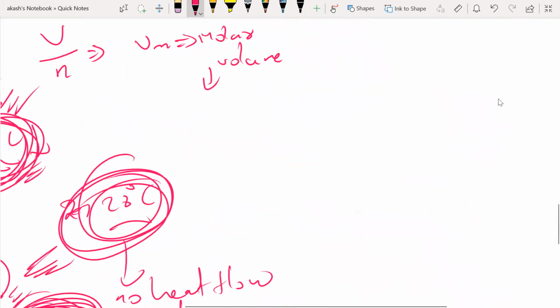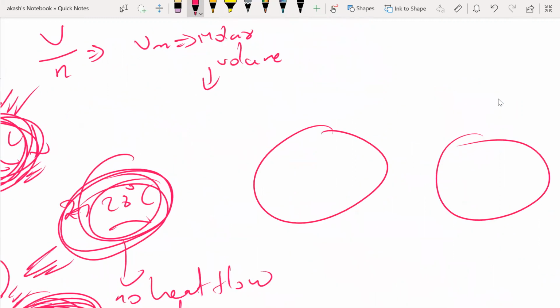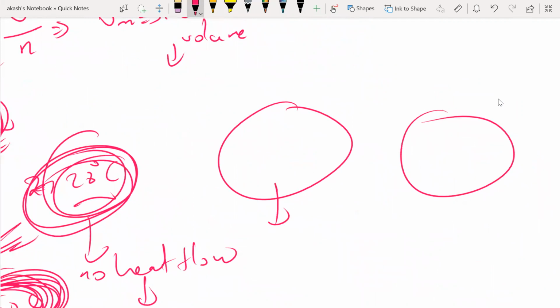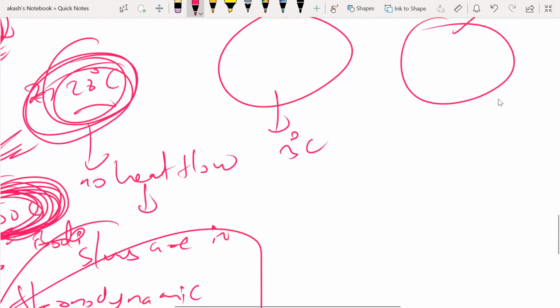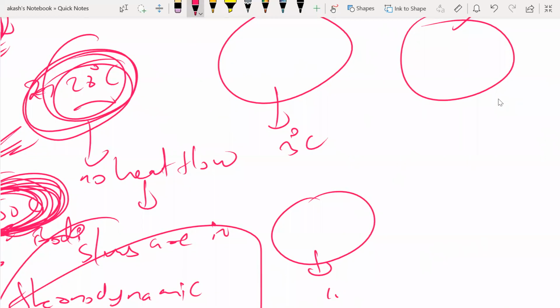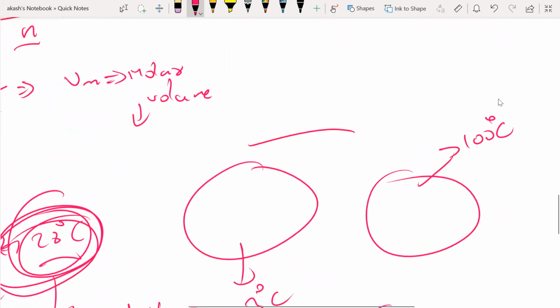Say I have another case: something at, I don't know, some 3 degrees Celsius and this is at 100 degrees Celsius, and this is at some 10 degrees Celsius and this is at 100 degrees Celsius. This is Q2, and this is Q1.